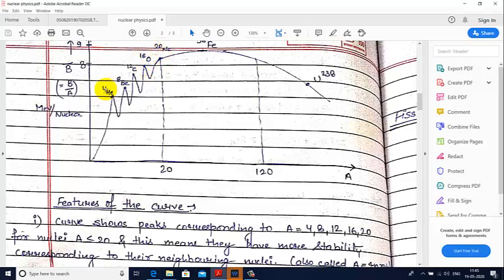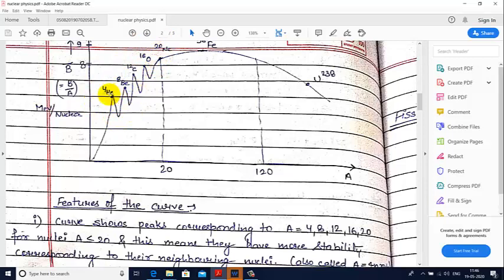There is one trick by which you can remember these names: the value of mass number A is 4, then 8, then 12, then 16, then 20, which is the table of 4. 4, 8, 12, 16, 20 are all multiples of 4. So in this way you can remember these names.